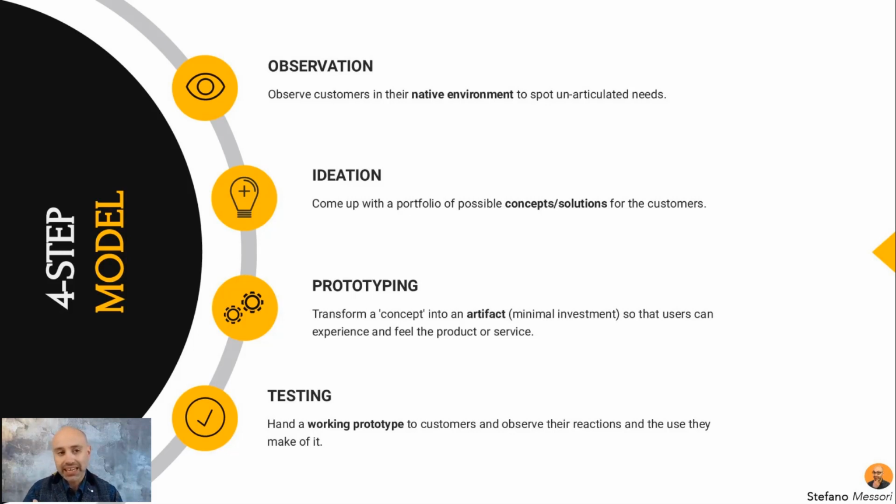So basically, design starts with the idea that, yes, we might have an intuition, but we need to refine that intuition with the observation that we collect from the people we want to serve. Those people have needs, and we try to explore those needs. So observation will be the first point that I would suggest to anybody.